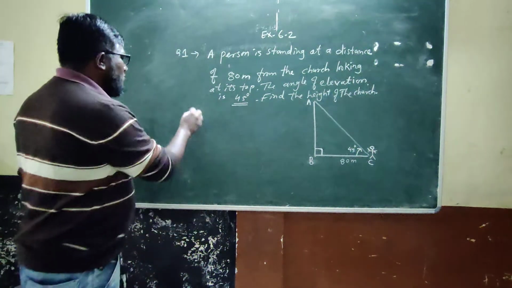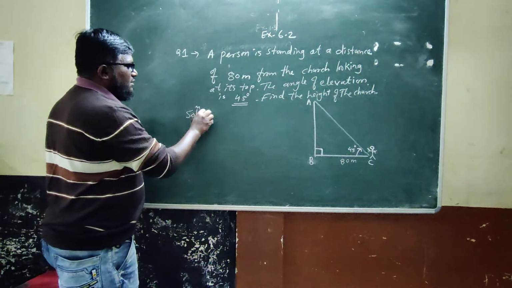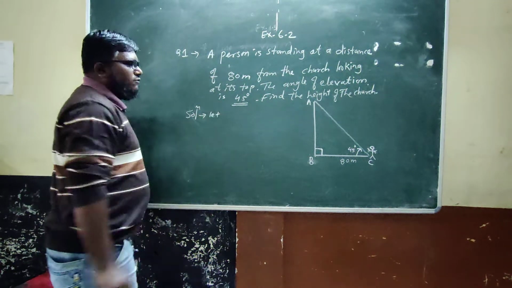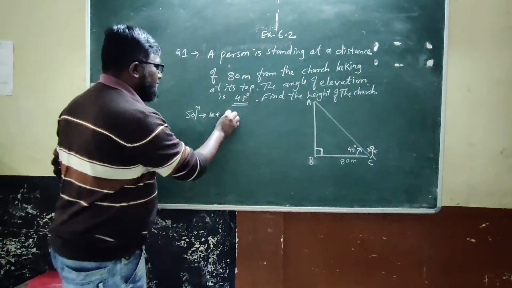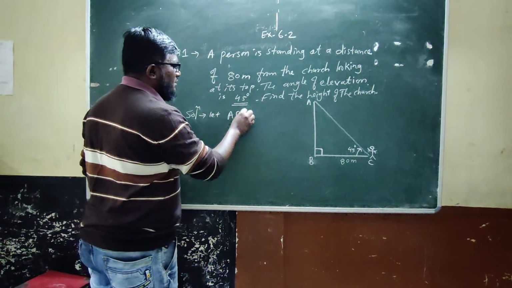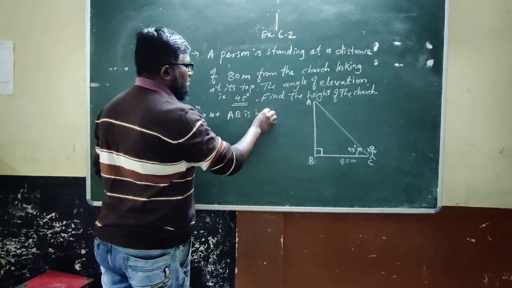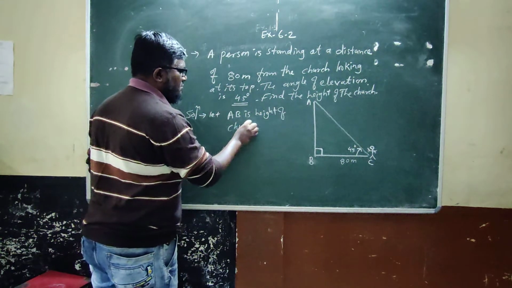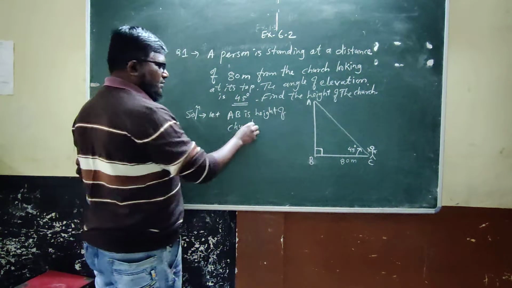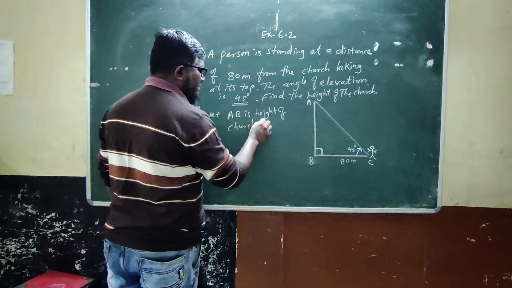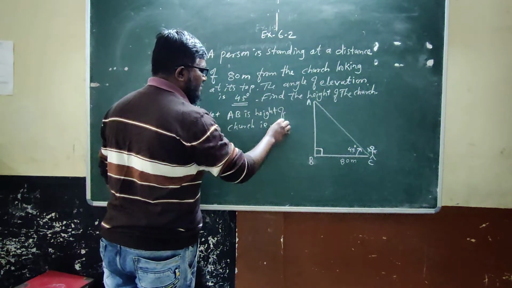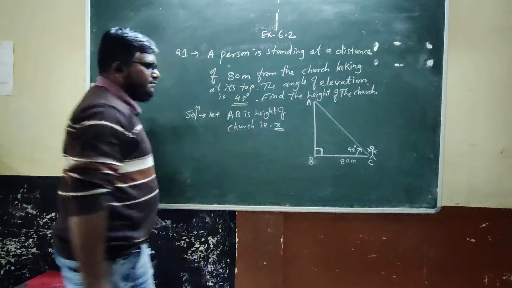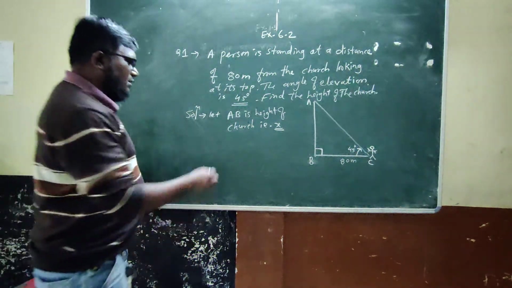Now in the solution we write like this. What is the given information? AB is the height of the church. We have to find it, so we consider it as x.